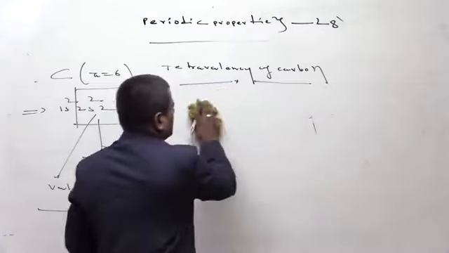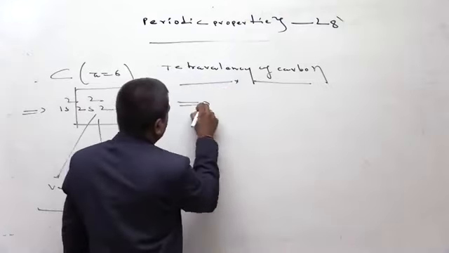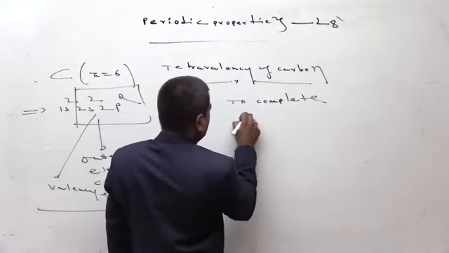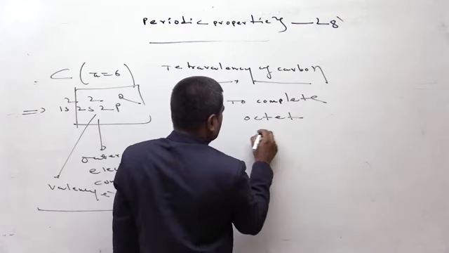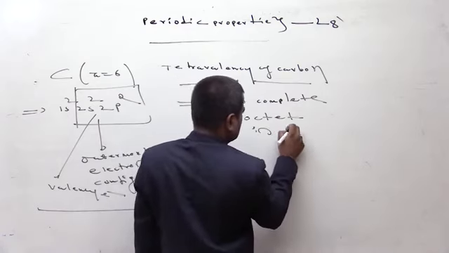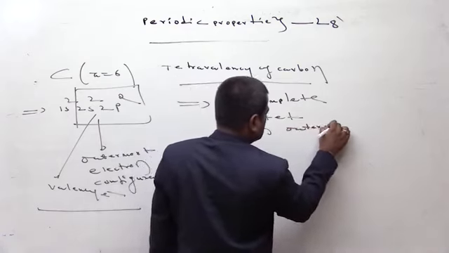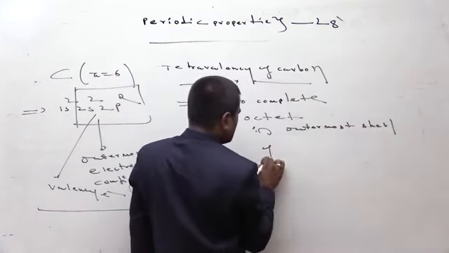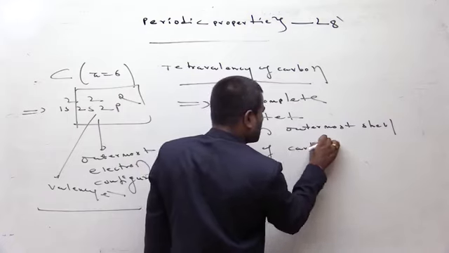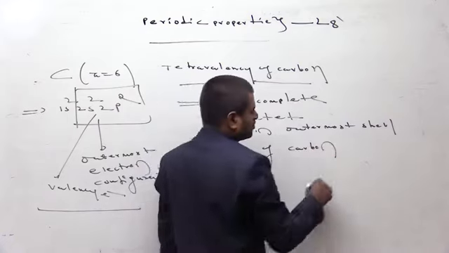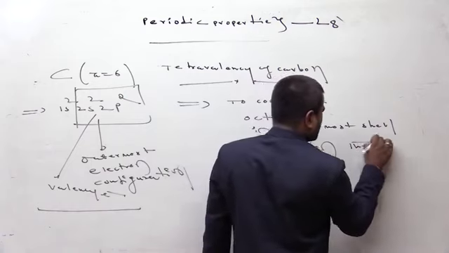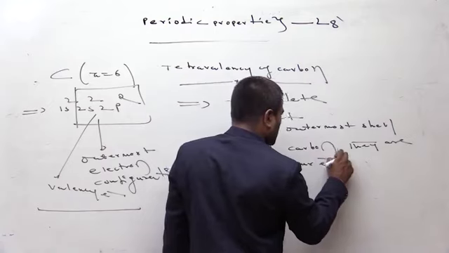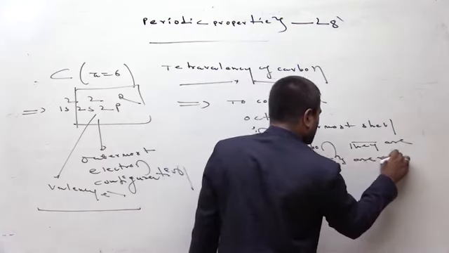To complete the octet in the outermost shell of carbon, 4 electrons are required.